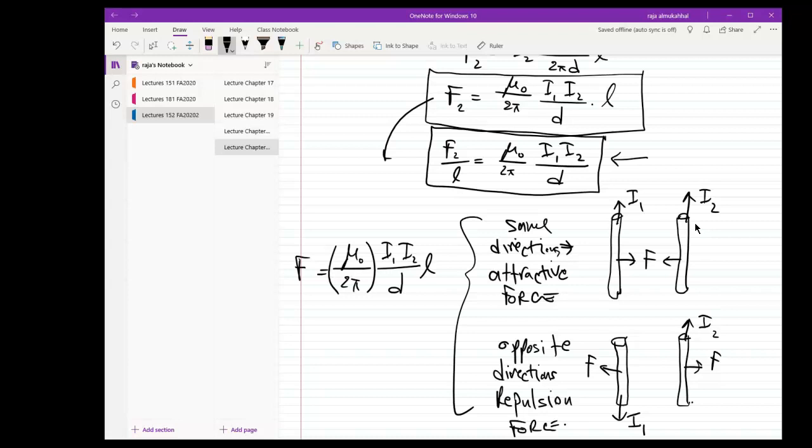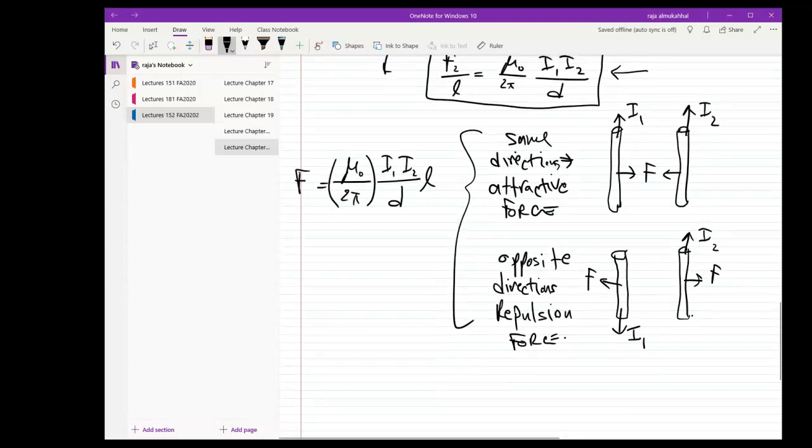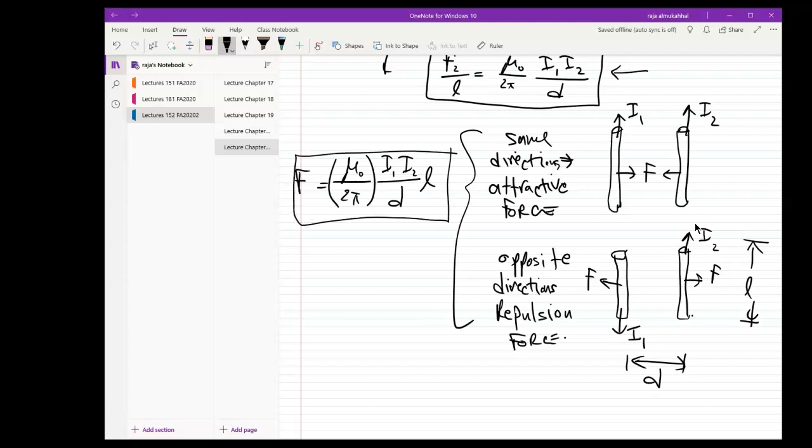We're not going to deal with wires that are not the same length. That requires something more complicated, and it is above the scope of our course. So if we assume that they are separated by a distance d, and each wire has a length L, we get this formula right here. That's all you need to know about it.